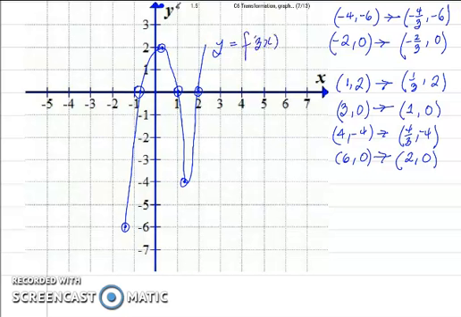So again we can get the graph of y equals f of 3x from the graph of y equals f of x by a horizontal stretch of a factor 1 over 3, and that in effect means that you're going to divide the x coordinates by 3 while the y coordinates remain the same.